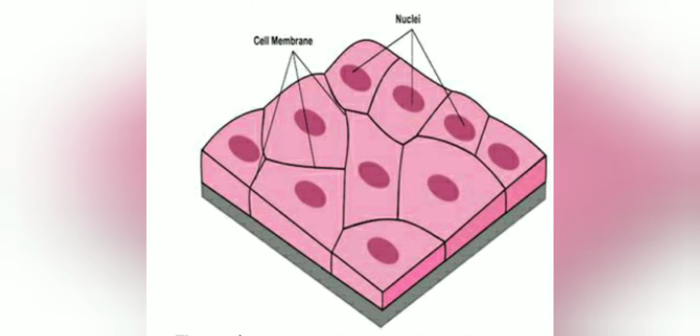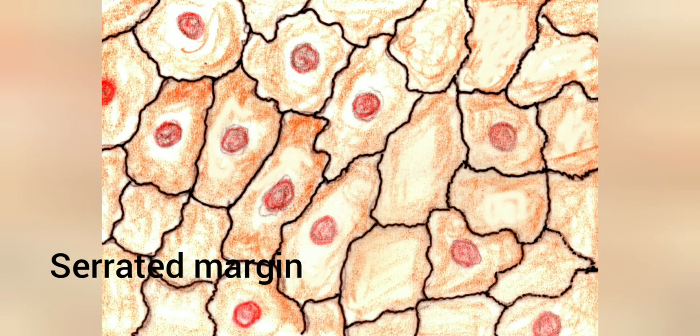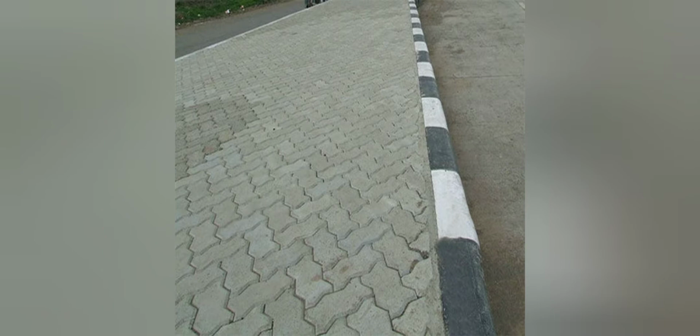Cells of this tissue are flat, thin, polygonal with serrated margin. If I say the word serrated, that means wavy. It is not straight. And they fit together like tiles of a footpath. Hence, we call it pavement epithelium.